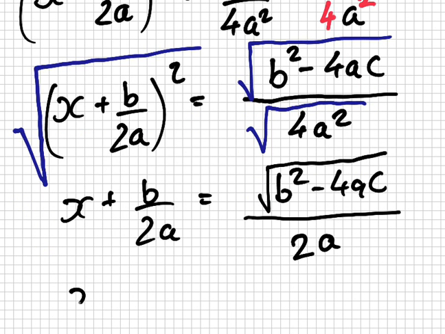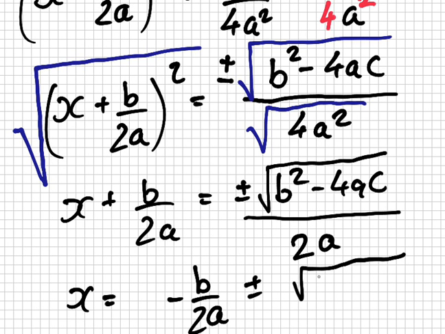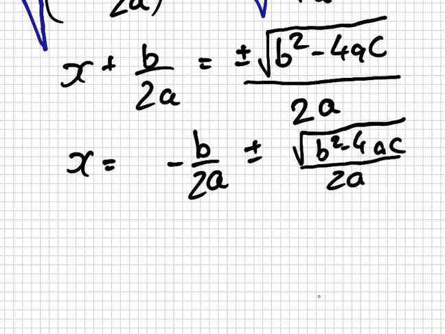So I have x equals minus b over 2a. I haven't said it, but really I should have plus or minus here. Remember, we have two choices. Plus or minus square root b squared minus 4ac all over 2a. And again, the denominators are the same. So we arrive at our formula.